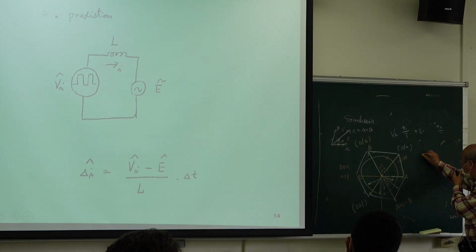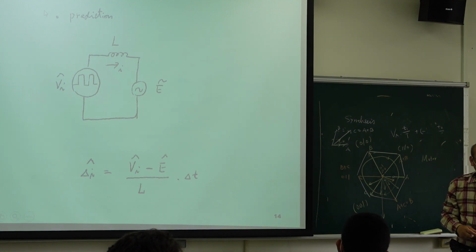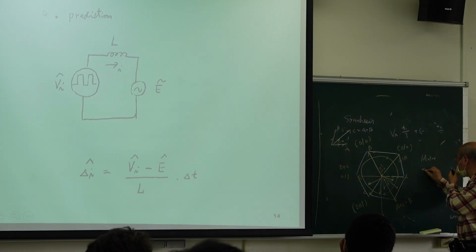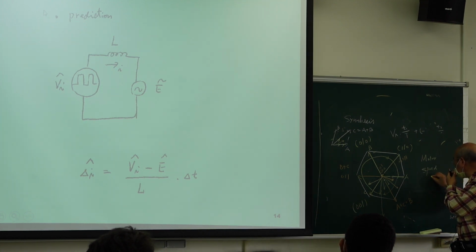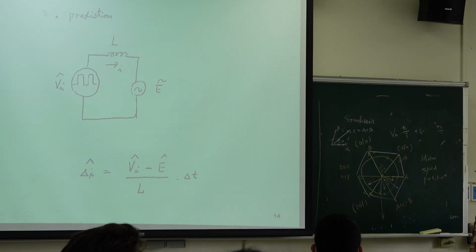If you control a motor, what do you need? You need to control the speed, right? Motor speed or motor operation, right? My motor is a robot. It is operation control. So if you control a motor, what do you need to control? Torque, right? So speed comes from torque.